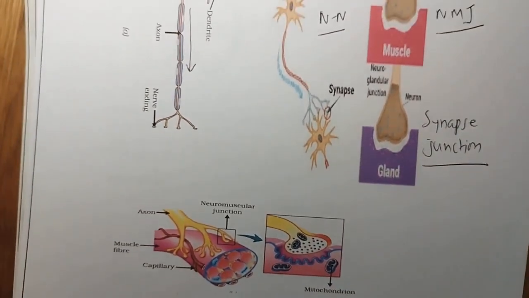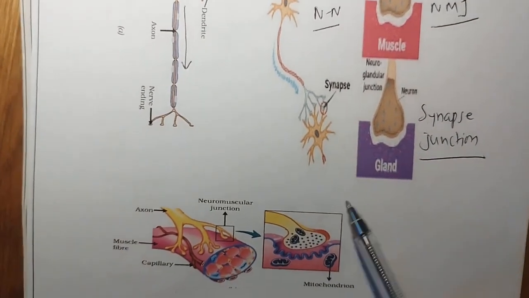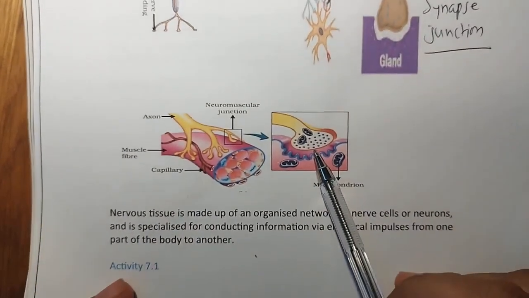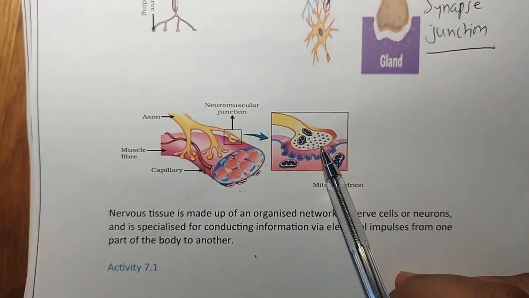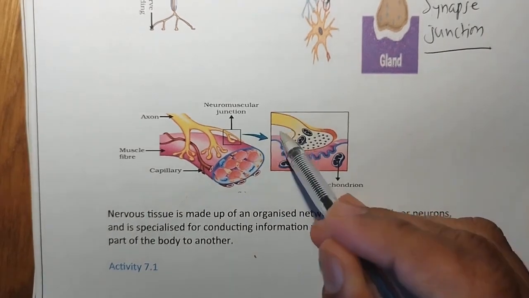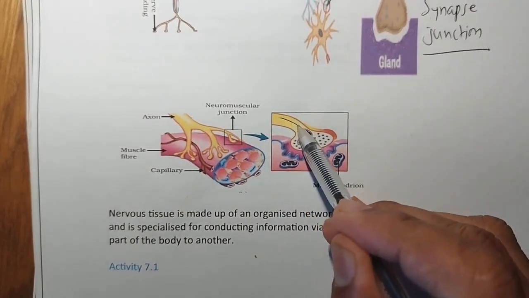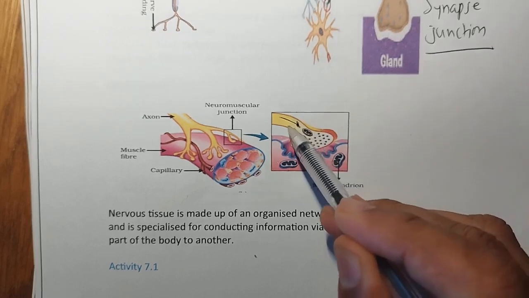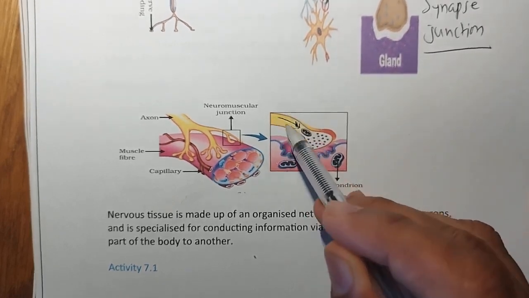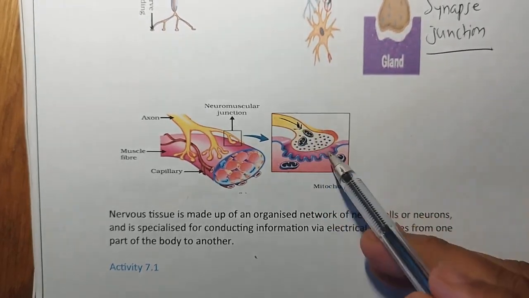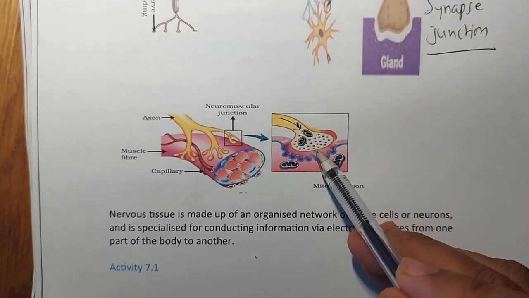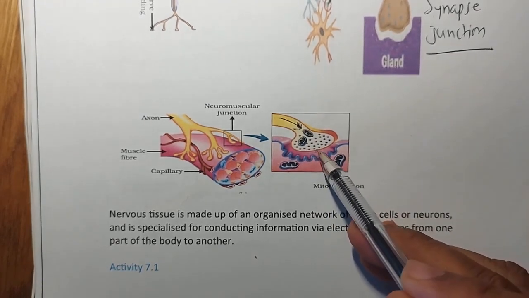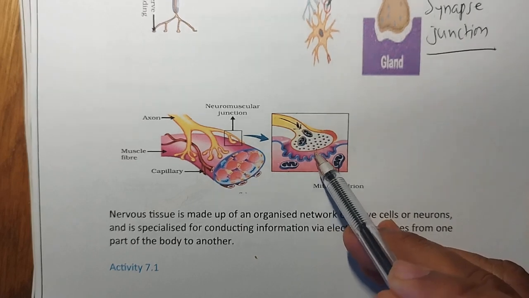But what basic you should know is, at this junction, the axon that carries electrical impulse along its fiber, when it arrives at the tip of the axon, it causes release of chemicals.